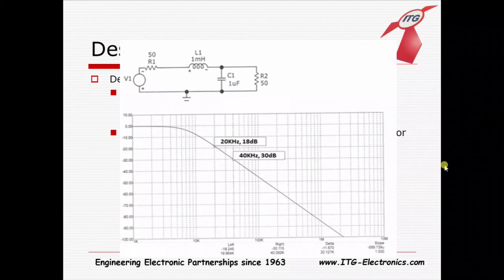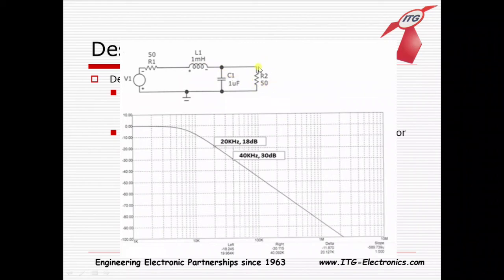So this is an example of just a simulated, very simple curve. At the top, you can see we've got our voltage source. We have our voltage source resistance, which is something we would have in there to give us a more accurate reading for simulation, because every voltage source is going to have some internal resistance. And then we can see the 1 millihenry inductor here. And then in parallel, we have a 1 microfarad capacitor.